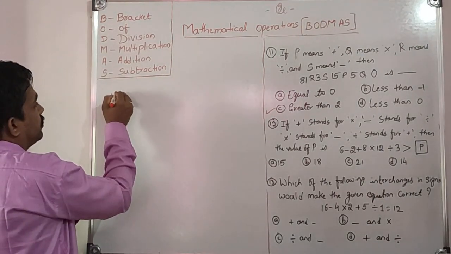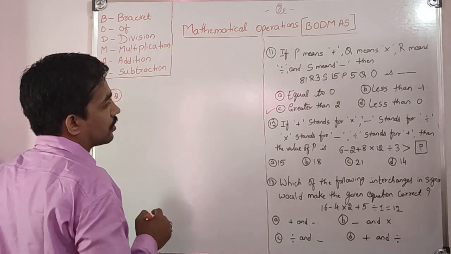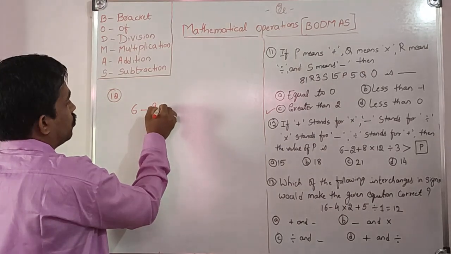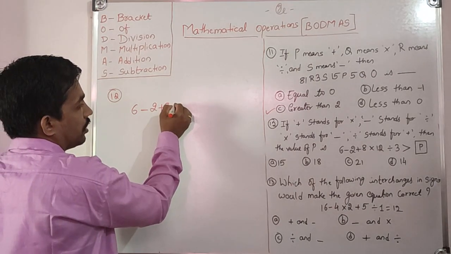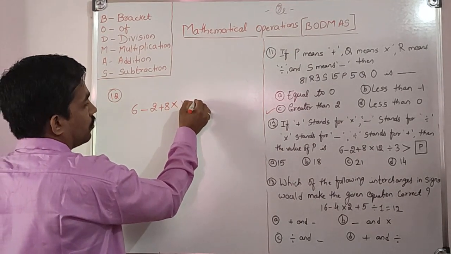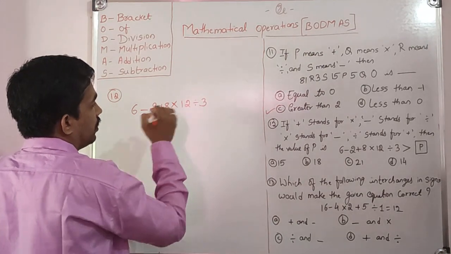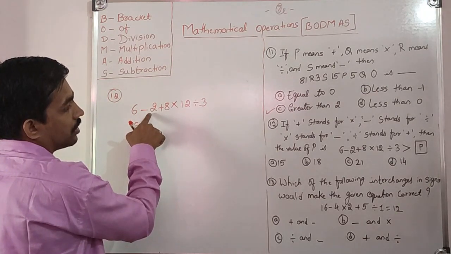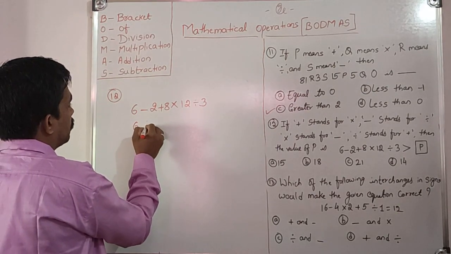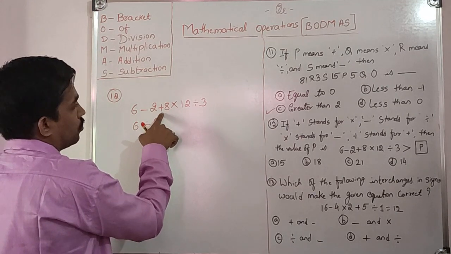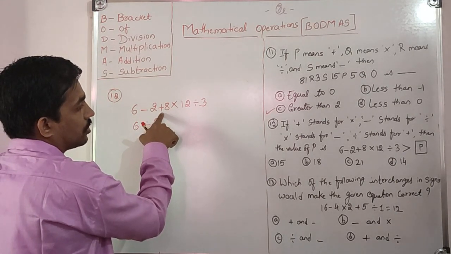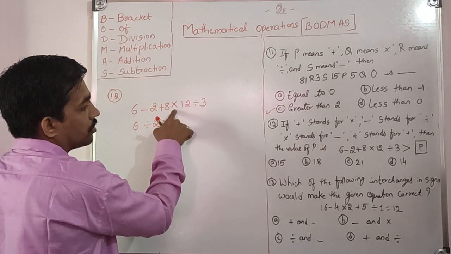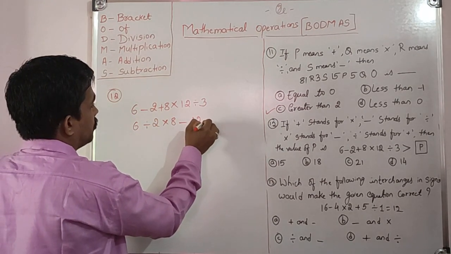Next, 12th question. What is given? 6 minus 2 plus 8 into 12 divided by 3. So instead of minus, what we have to write here? Minus stands for divide, plus stands for into, into stands for minus 12.